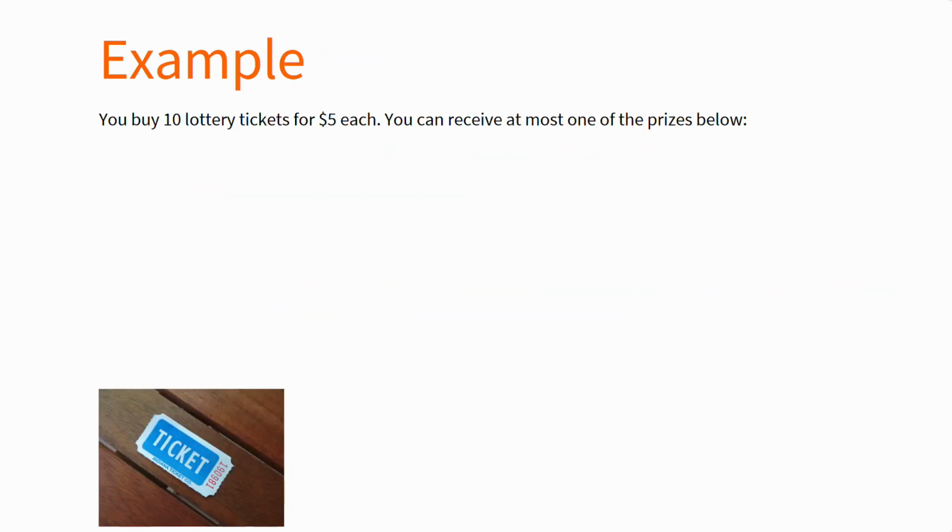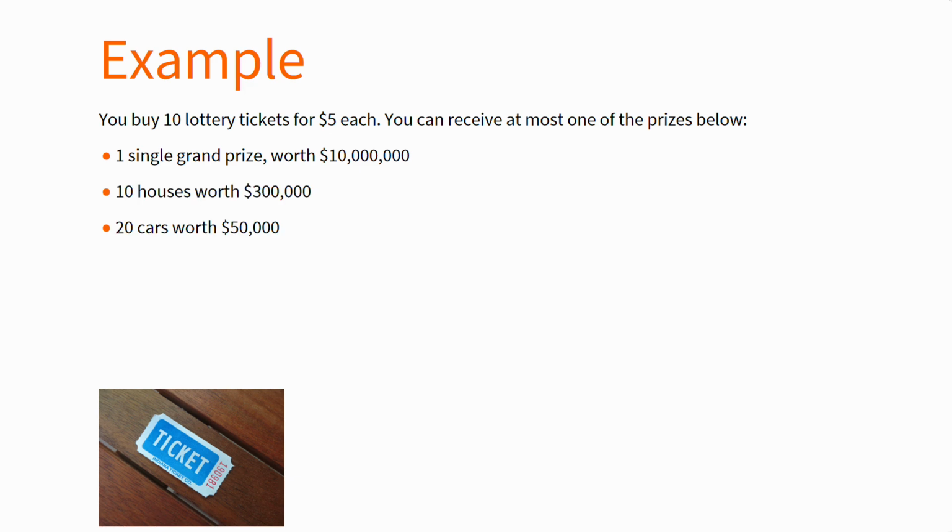Many lotteries nowadays give multiple prizes. Let's say you buy 10 lottery tickets for $5 each for a chance to win at most one of many prizes: $10 million, a house of $300,000, a car worth $50,000, or a coffee coupon worth $3.